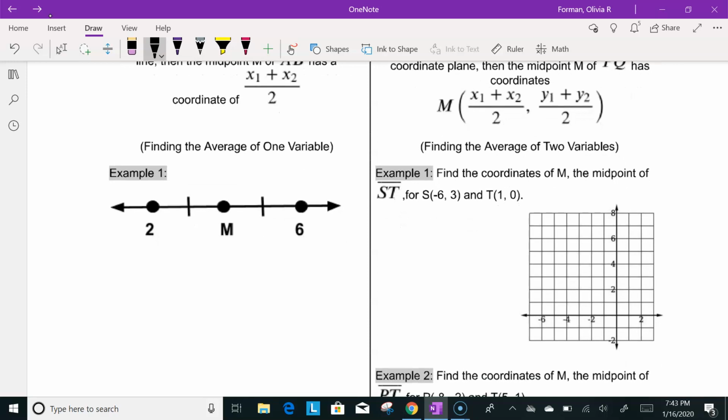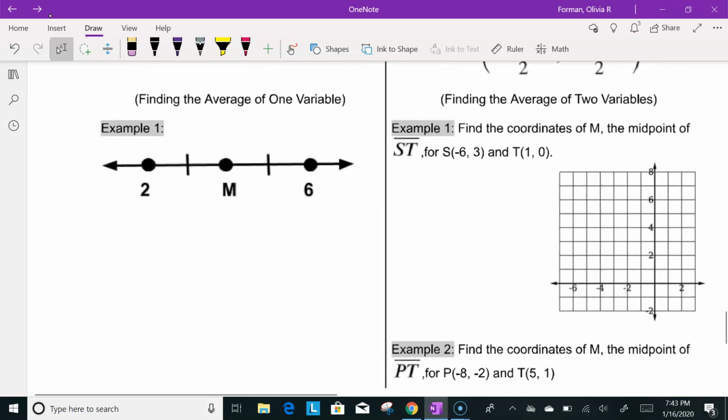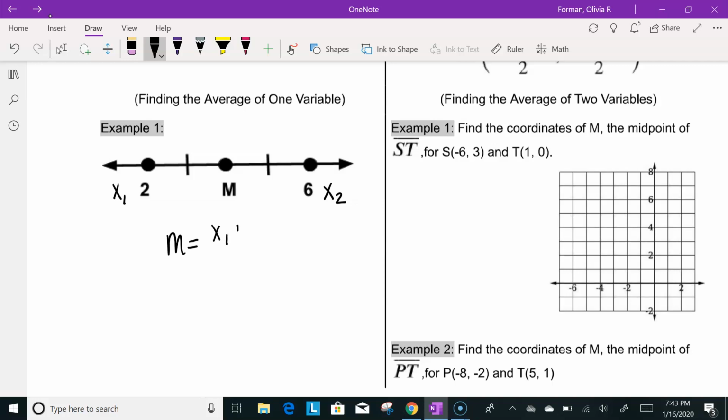Finding the average of one variable. So in this example, we know this is a number line, it's not completely marked, but we see that 2 is one point and 6 is one point. Those would be your x1 and your x2 values, and we want to find our midpoint. We would say the midpoint is x1 plus x2 divided by 2.